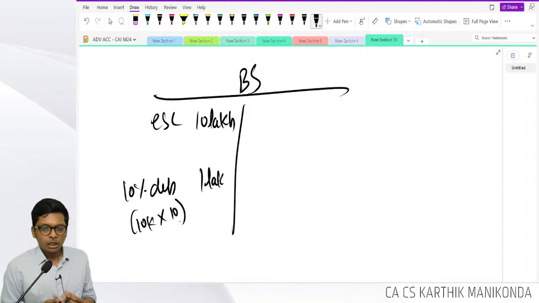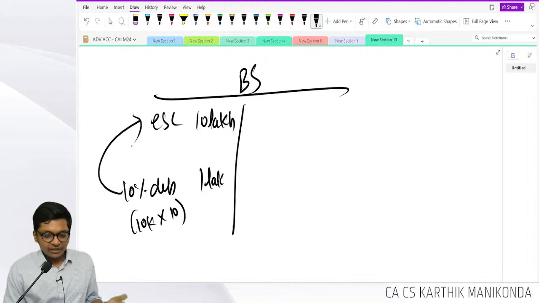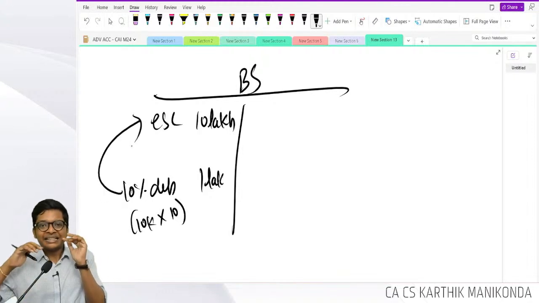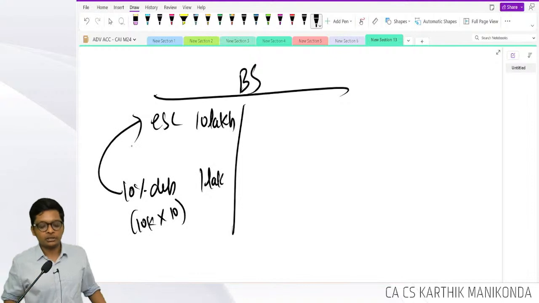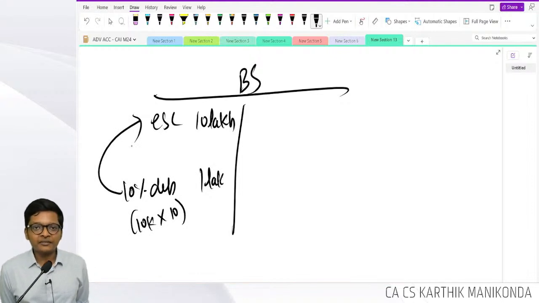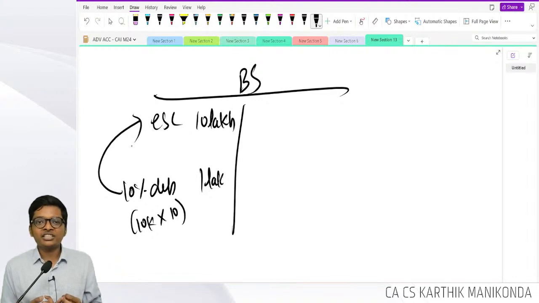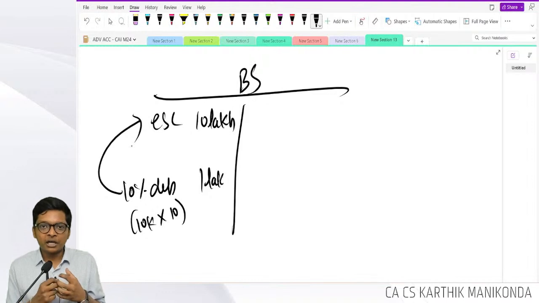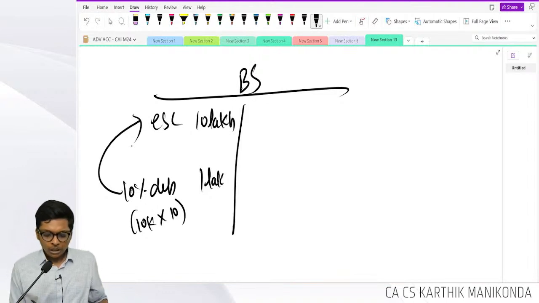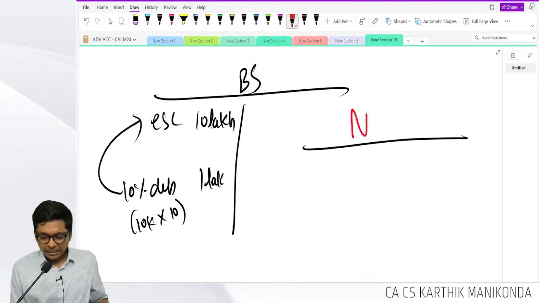These debentures will be converted to equity shares sometime in the future. So when this conversion happens, my numerator, net profit, also will change.